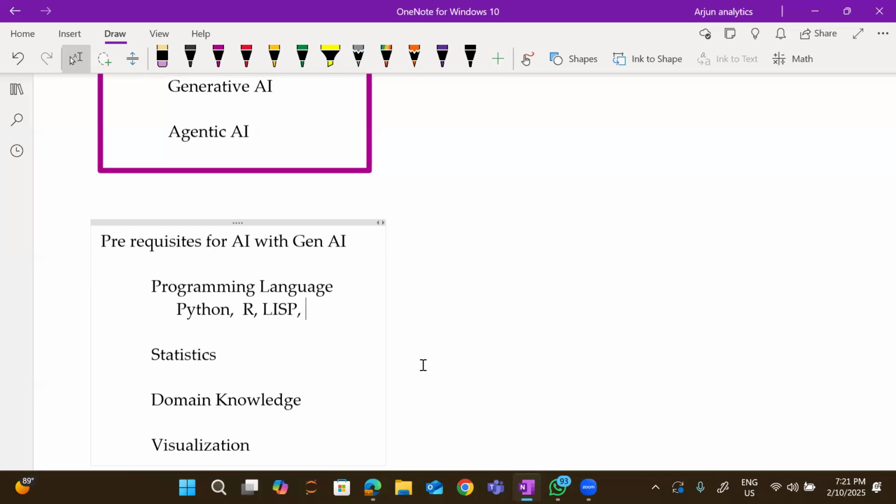We have Julia, and we have Java. So many others are available over here. Okay. In this, we will majorly be looking at Python.